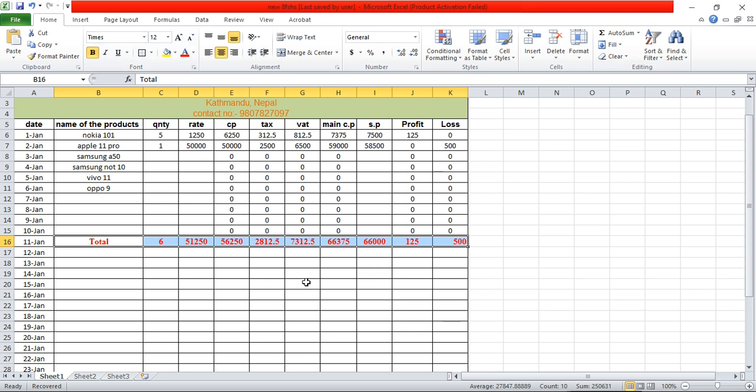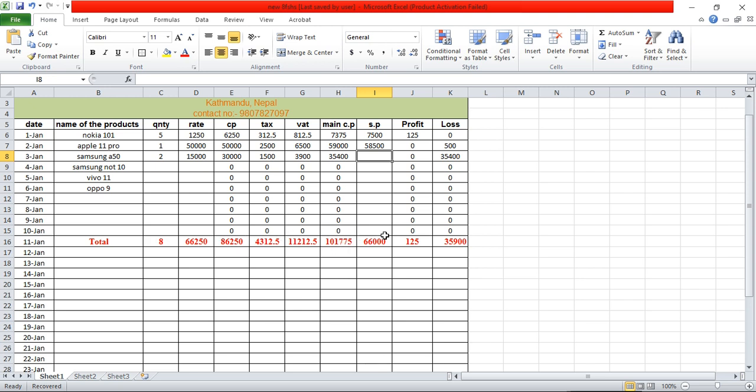Okay, now let's see, if you do all the calculation again, like 50 two pieces with the rate of 15,000, press enter. Everywhere it has changed with the CP. Okay, now here you see the total has changed, this total has changed, this total has changed, up to this change.